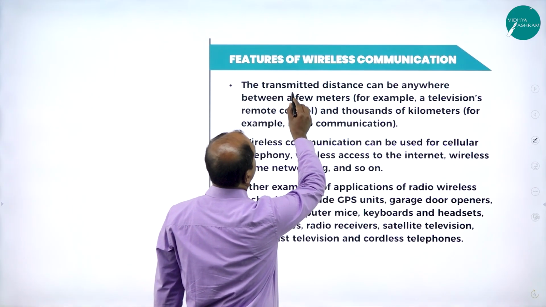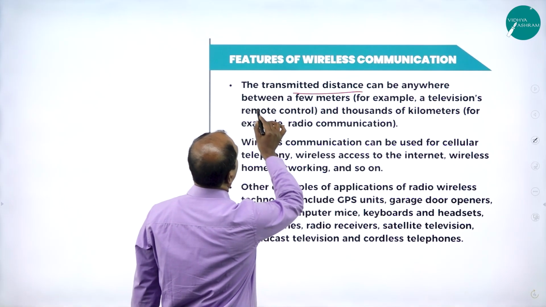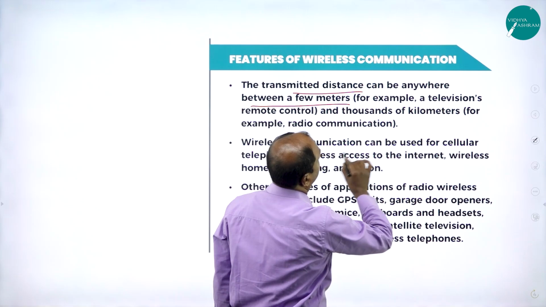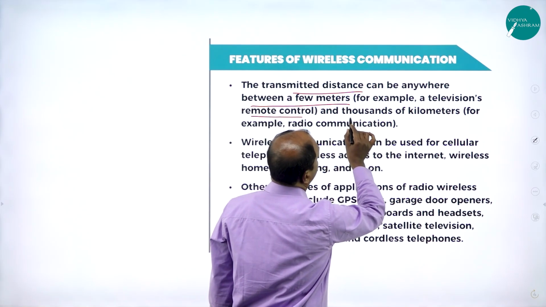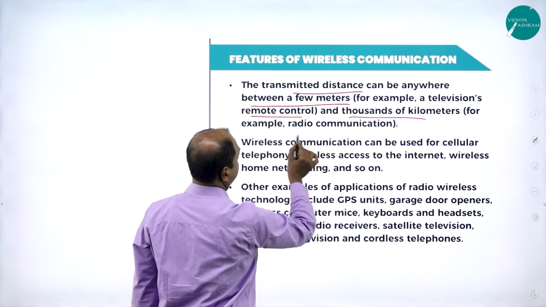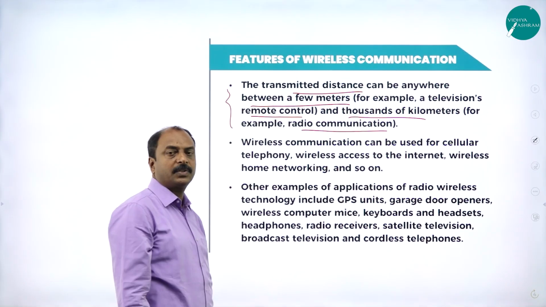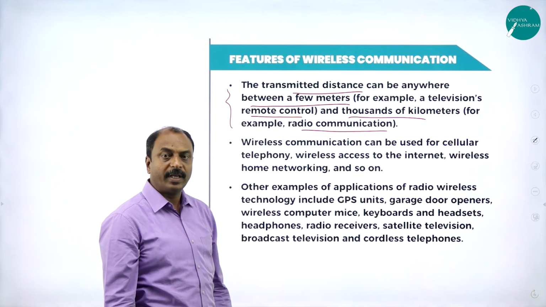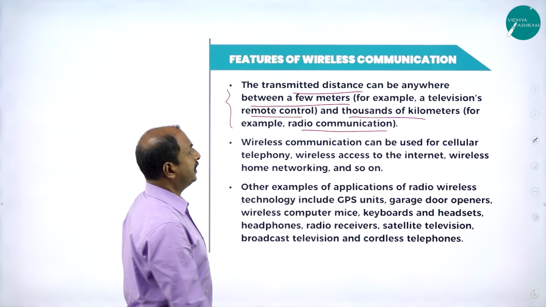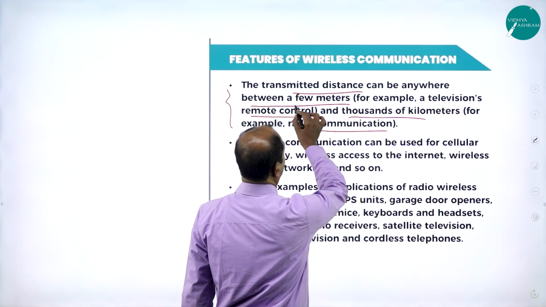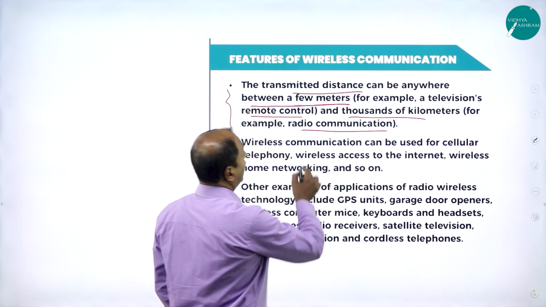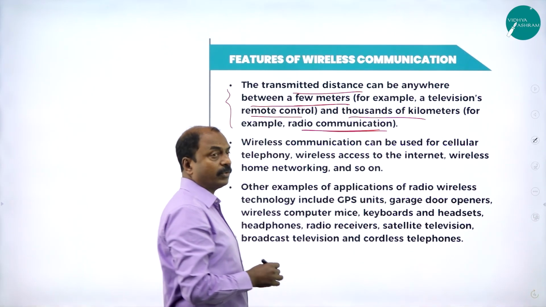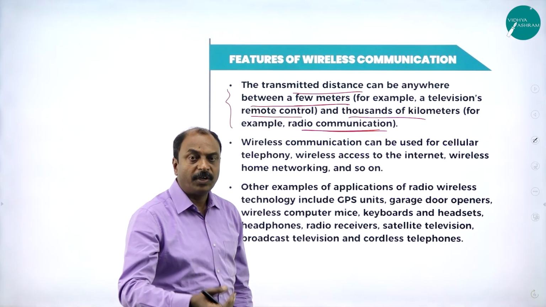Now, the transmitted distance can be anywhere between a few meters, for example, television remote control, and thousands of kilometers, for example, radio communication. This is an example of wireless communication where the distance can be a few meters between the two devices, or it may be a radio communication, just like FM radio.